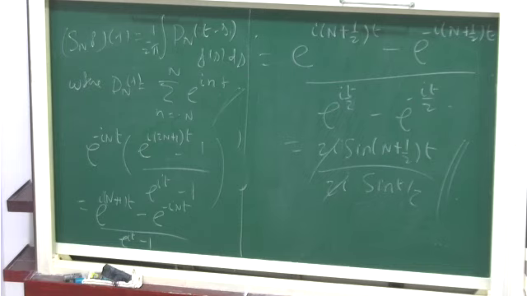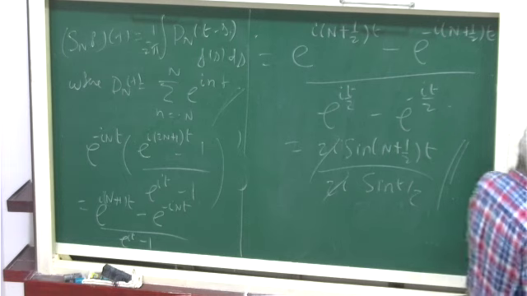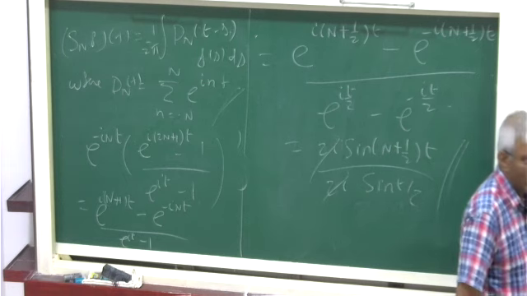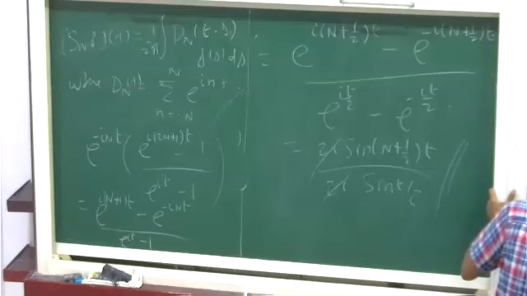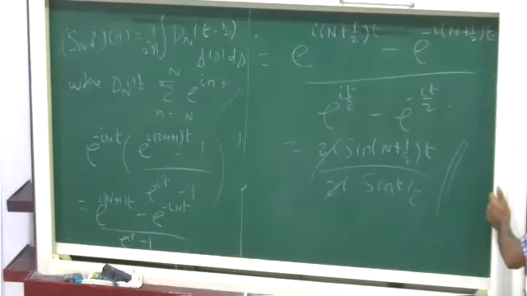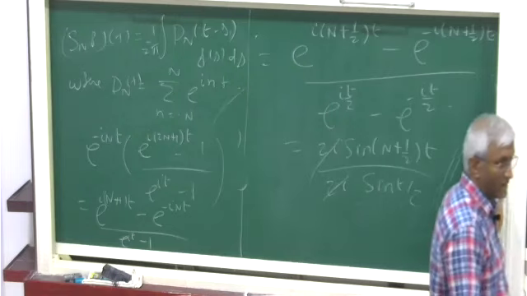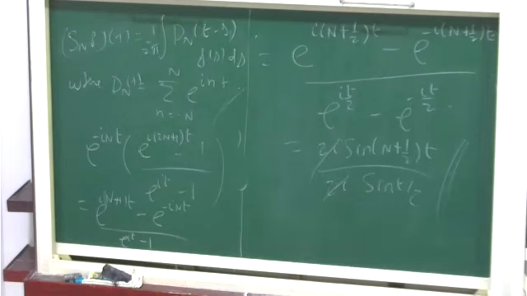So you can replace this by greater than or equal to, with t by 2. Okay. So 0 to pi. Anyway, it doesn't matter. We are going to take n to infinity.